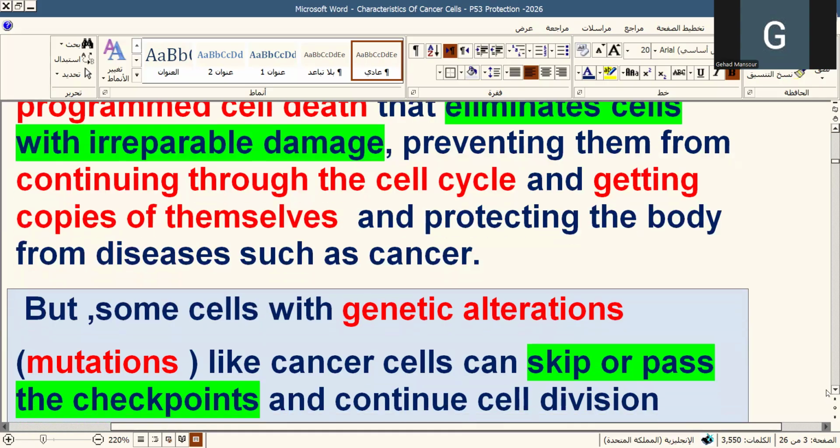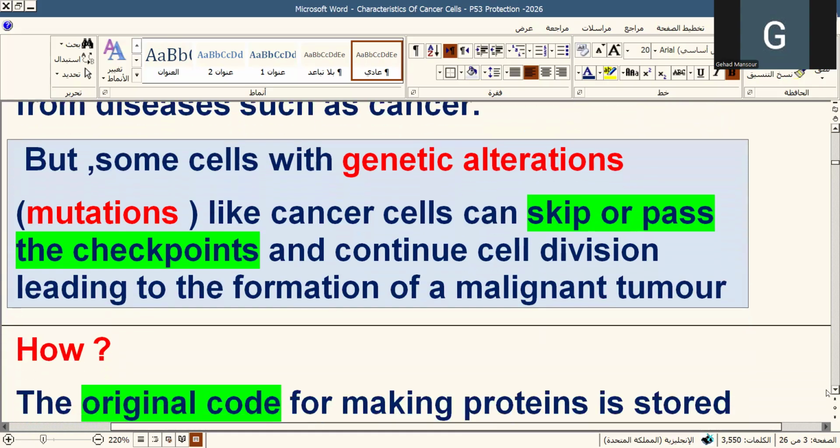And this protects the body, as we said before, from cancer. But cancer cells do not obey this. Cancer cells have mutant DNA, and their damage is known to be irreparable. However, they continue. They do not obey the rules of the checkpoints. Why don't they obey the rules of the checkpoints? Because this same mutation that made it a cancer cell is the same mutation that allows it not to obey the checkpoints.